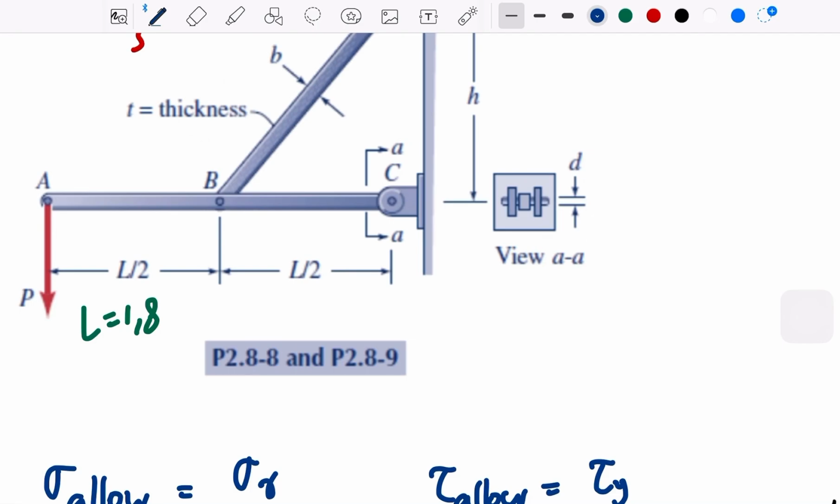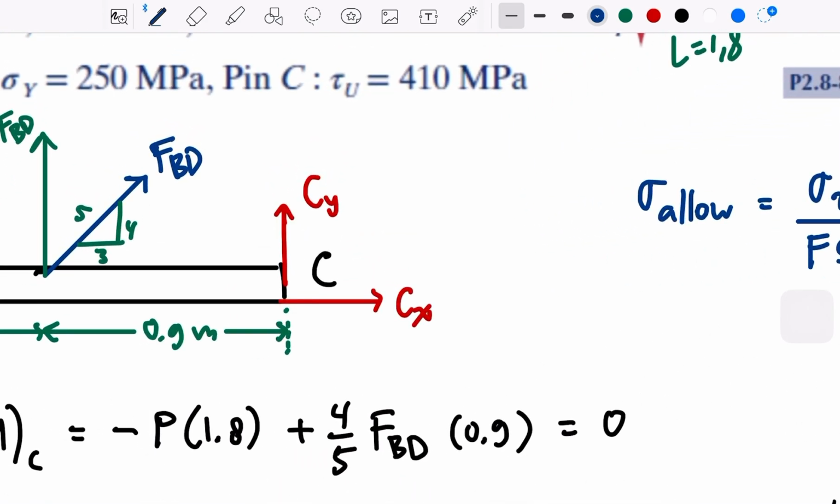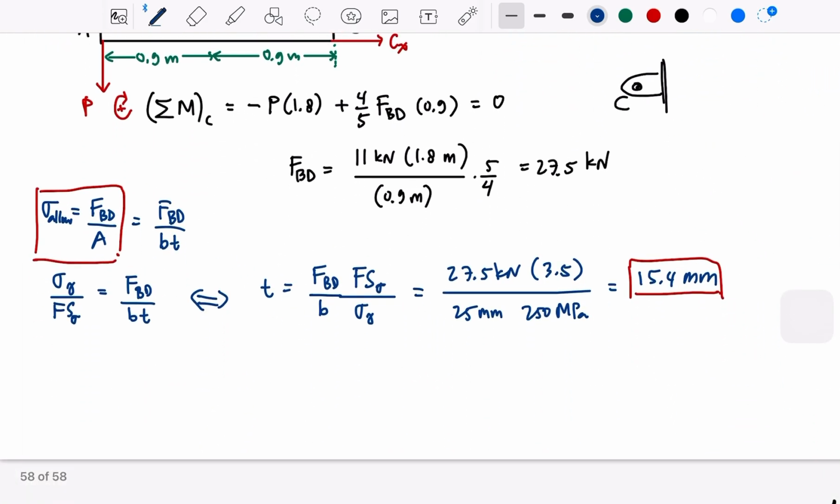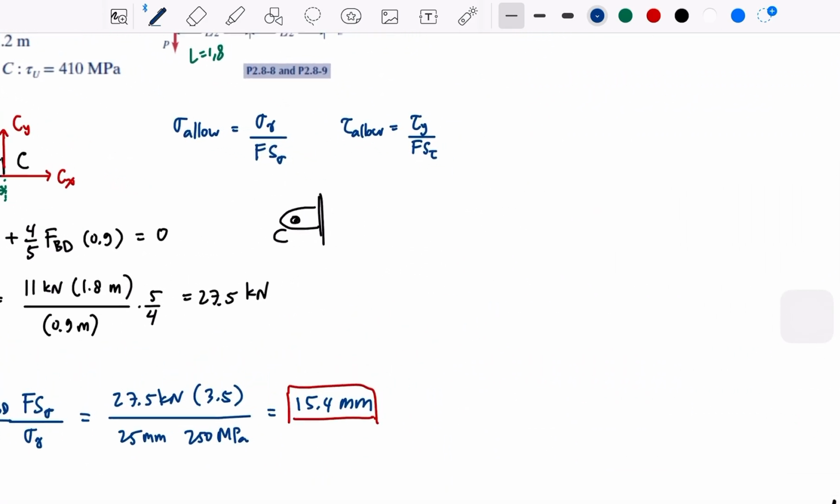Okay, so we need to find V, the shear force. And how to find the shear force? We need to find the reaction force at C. What is the magnitude? Okay, so we need to find Cx and Cy.